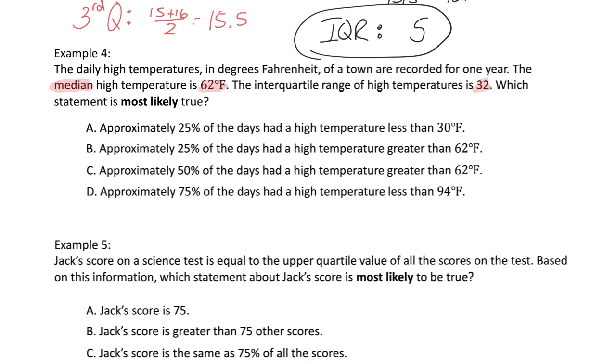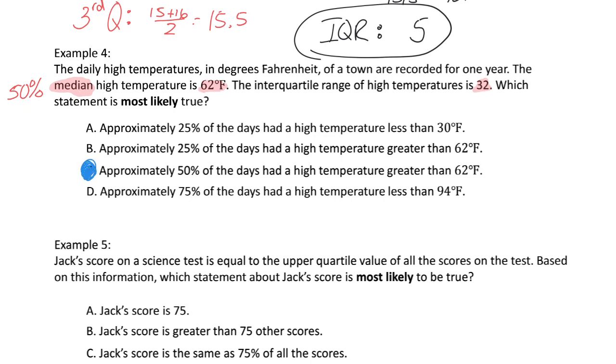So median means it's the middle number, but this is talking about percentages. The middle number is about 50% of the data, right? So which one says that 50% of the data is greater than 62 degrees? Because that's what this tells me. 62 is right in the middle, so either 50% is less than 62 or 50% is greater. So that's going to be example C then.